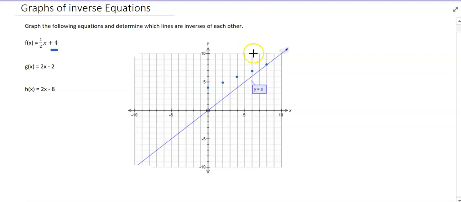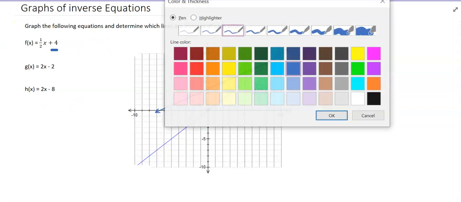Choose a line starting at this point here and make sure it goes through several of the points that I have plotted and extend it a bit beyond. There we go. That's f of x.